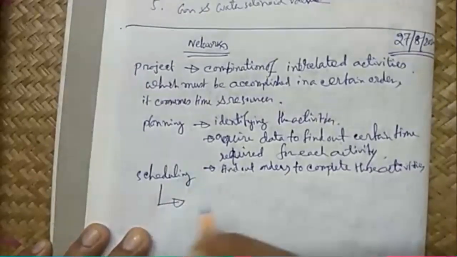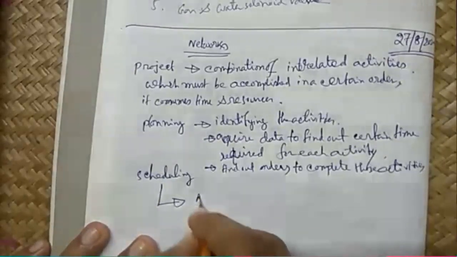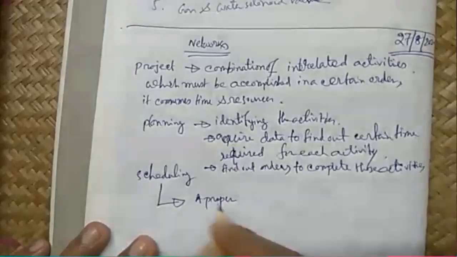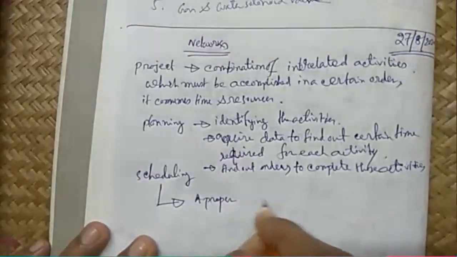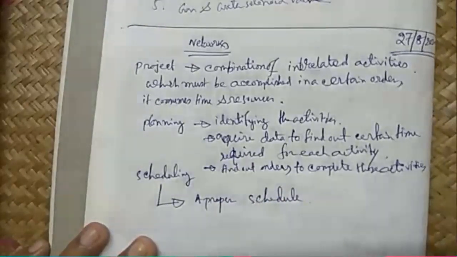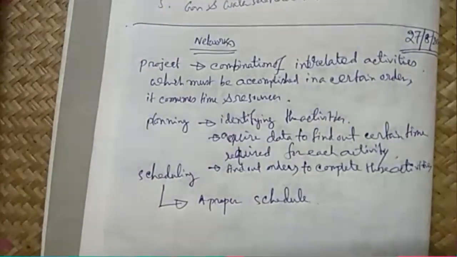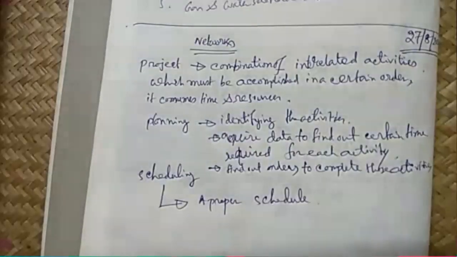Now scheduling means a proper schedule: exactly when an activity may start, when it will end, and how much it can be delayed, how much maximum it can be delayed without delaying the whole project, and how much minimum time is required to complete the project.